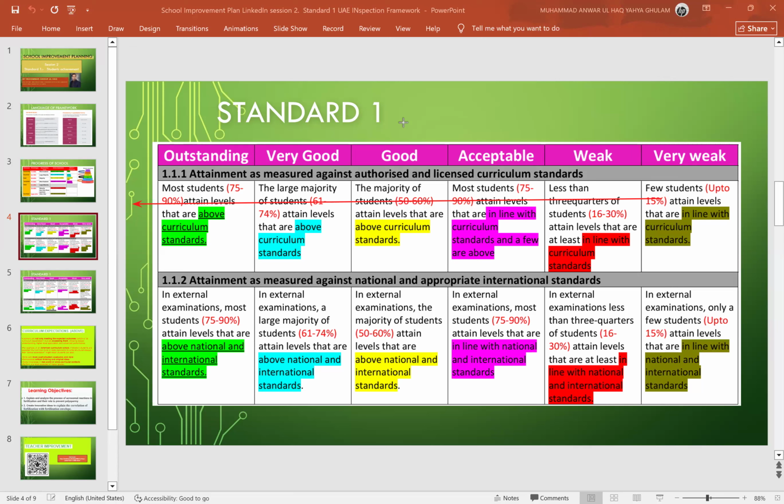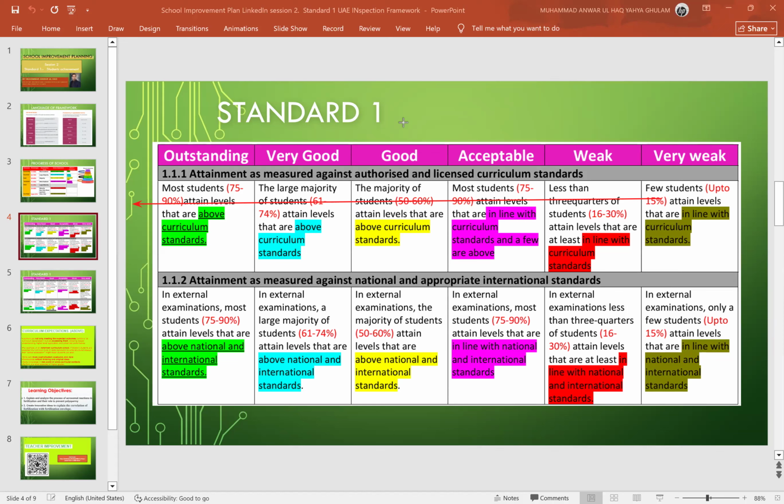So 75 to 90% of the students are performing in line with the curriculum standards, according to the expected standards. You get my point? This is the important part.